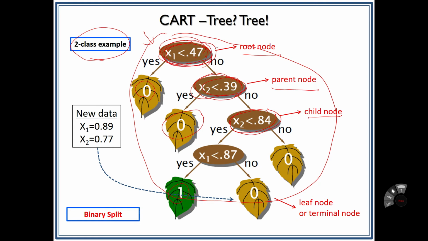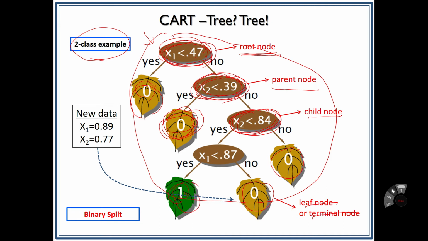This one is like the root of a tree, so it's called the root node. And the nodes at the end of this tree-like structure are called leaf nodes or terminal nodes. Okay, so those are the terminologies.